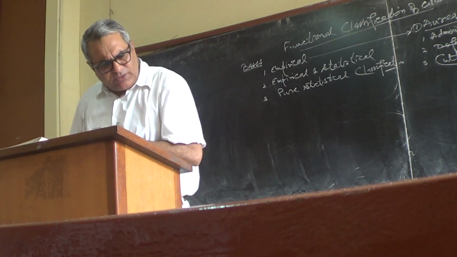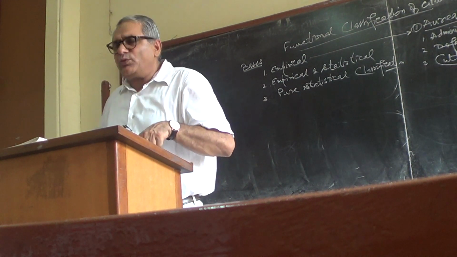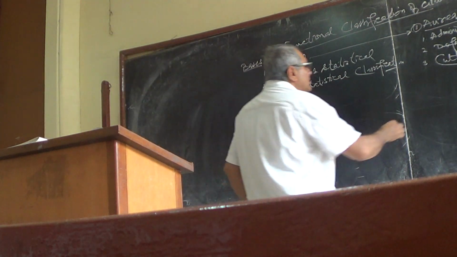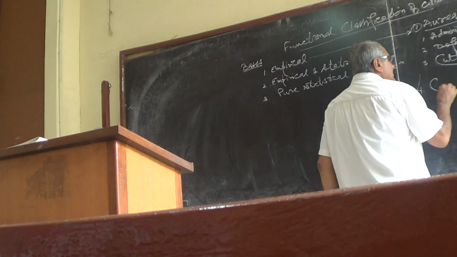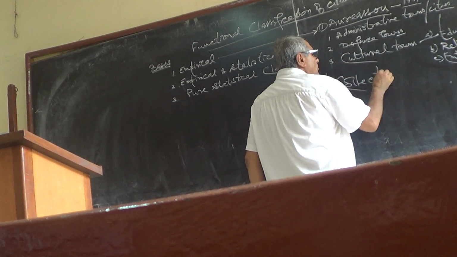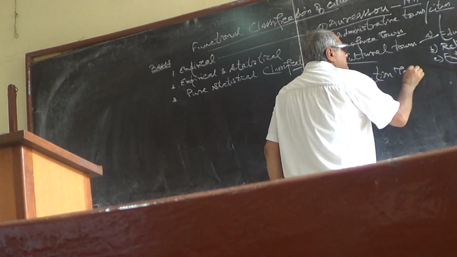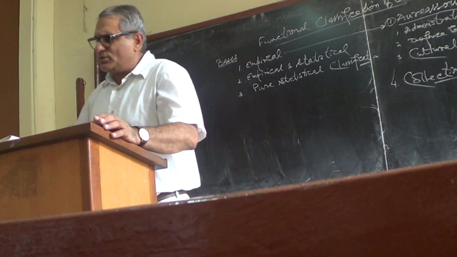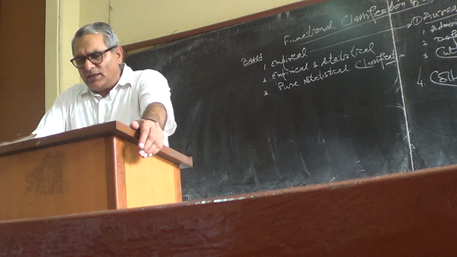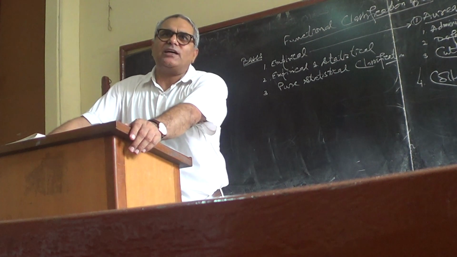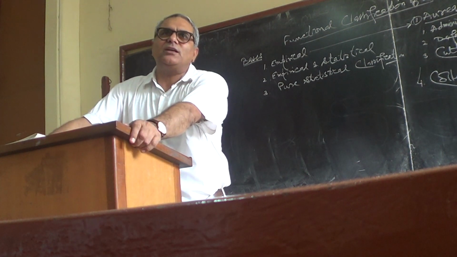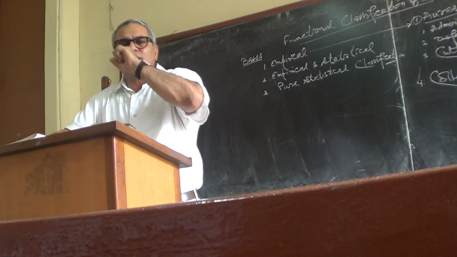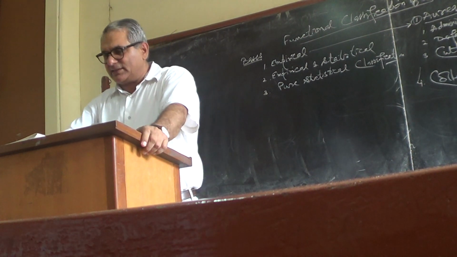Now apart from that, the fourth type of city that Aurousseau gave is called collection towns. Collection towns are towns basically collecting different types of raw material and minerals from the mining centers, from the forest or from the different trade centers.